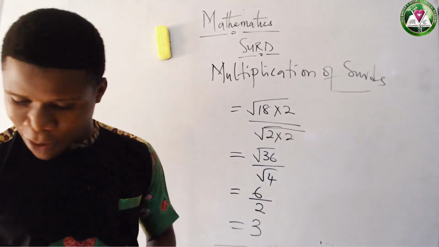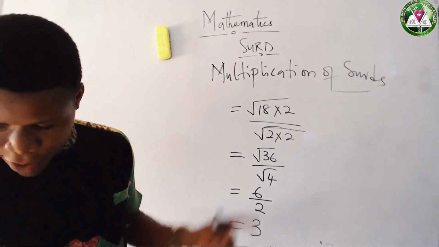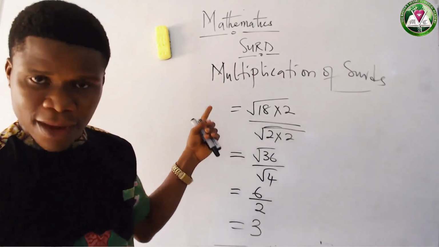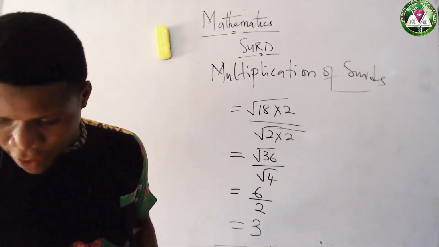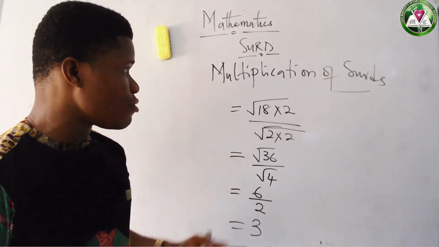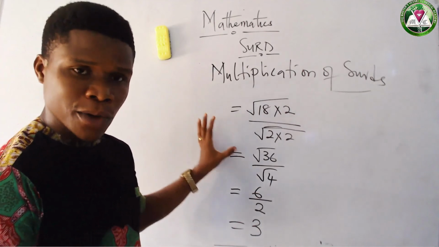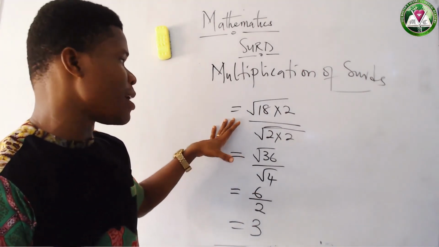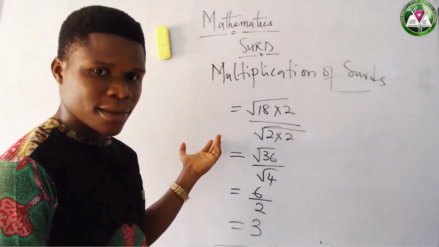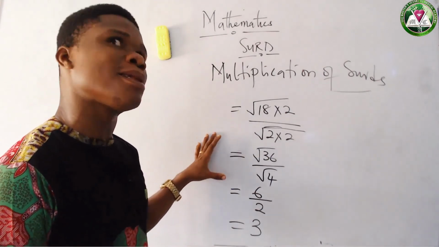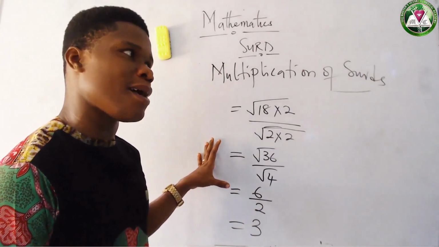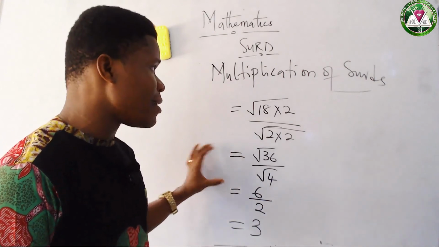So I'll give us something to go home and try. Please do the number 5 and the number 6. In the next class, we'll go over conjugates and also multiplication of surds involving brackets. There are some questions that come out in WAEC that have to do with conjugates. We'll handle that in the next class.